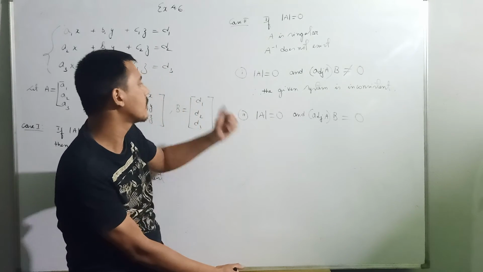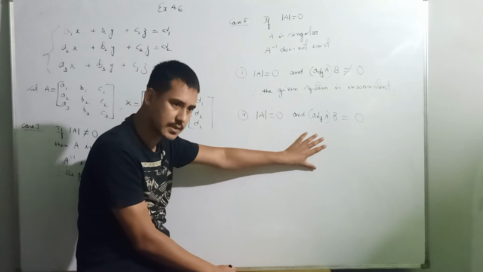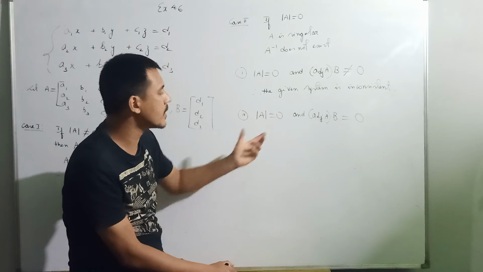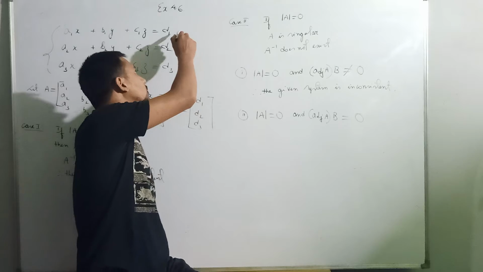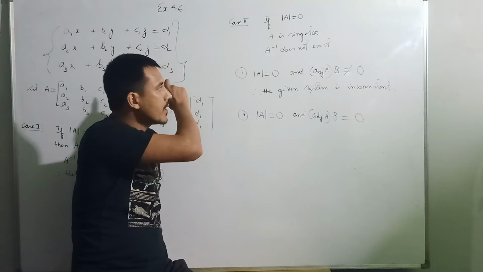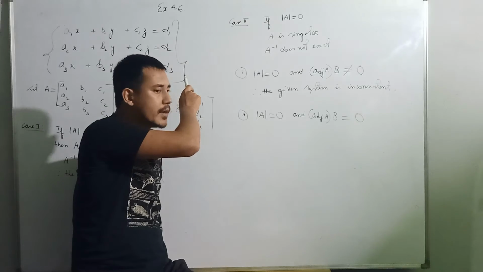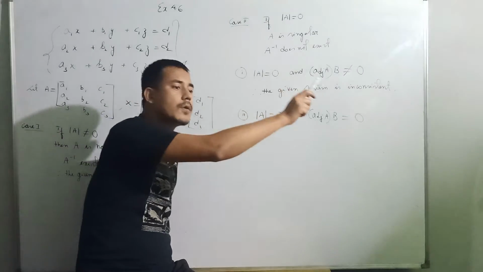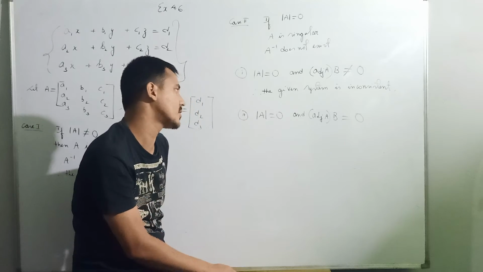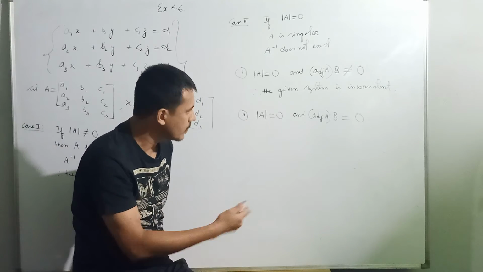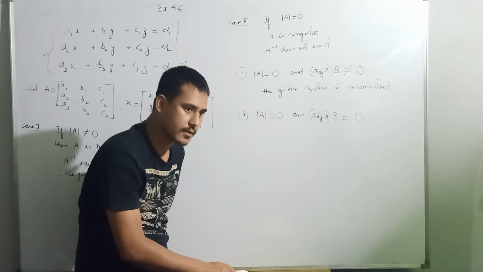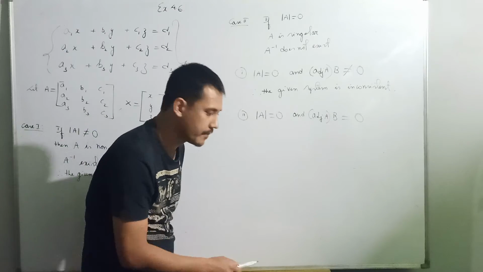Here also A inverse does not exist, okay? It depends on what kind of solution they have: either infinitely many solutions or no solution. Infinitely many solutions are consistent. No solution is inconsistent. Are you getting that? So that's the introduction here.